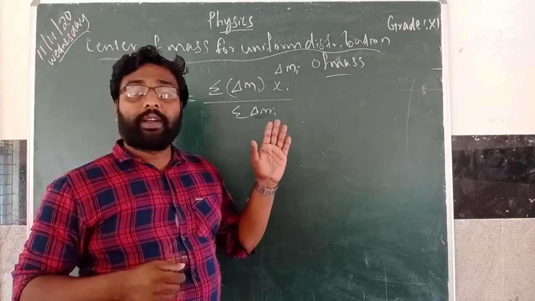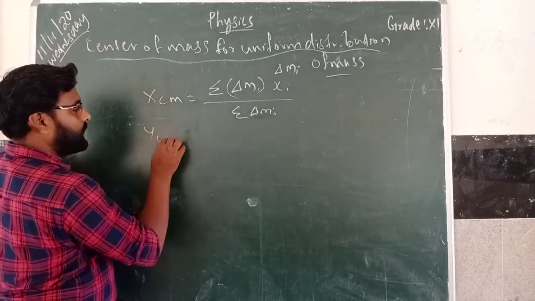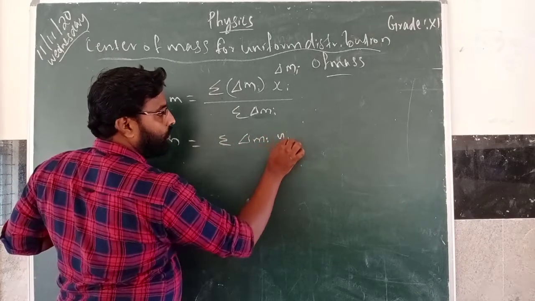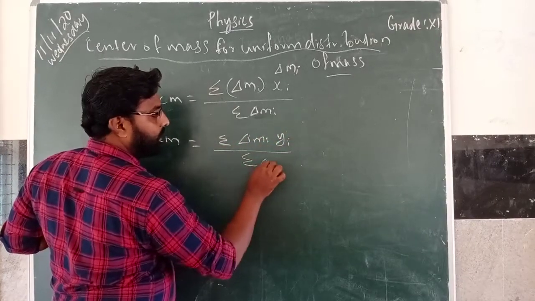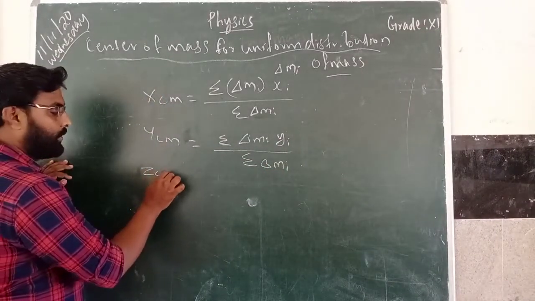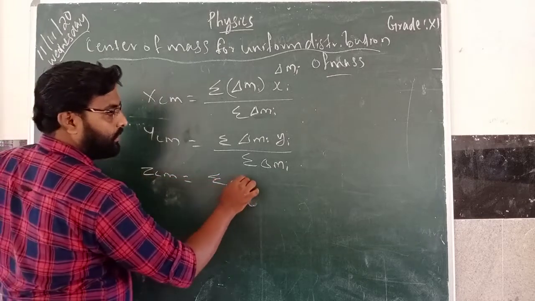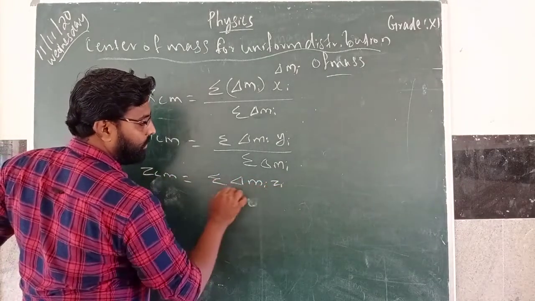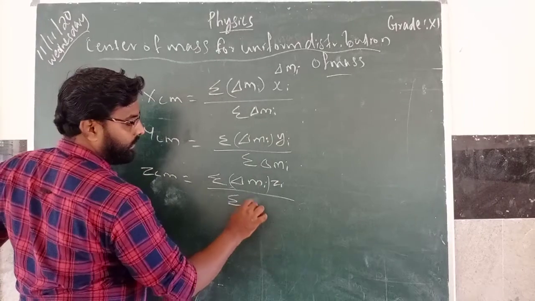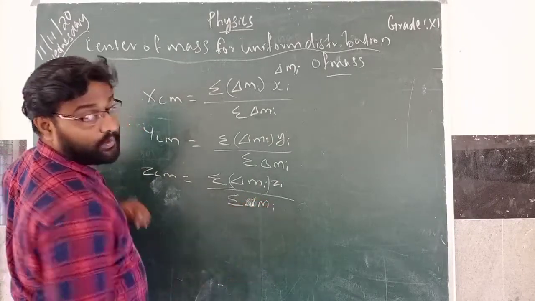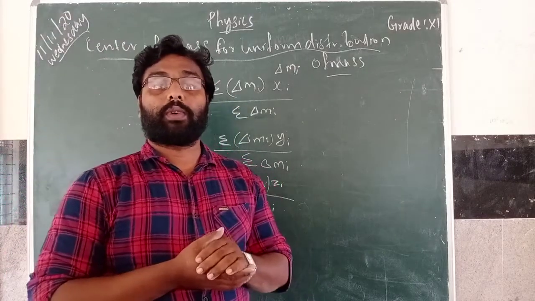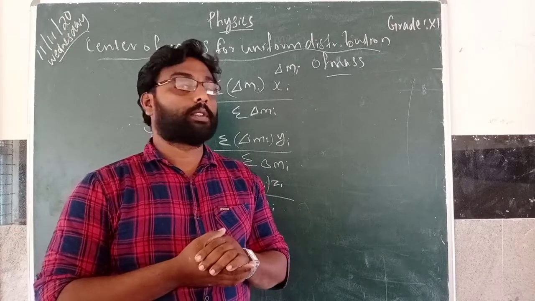And if it is along the y-axis, you can use summation delta mi yi by summation delta mi. For the z-axis, you can use summation delta mi zi by summation delta mi. These are the formulas you can use to find the center of mass for these distributed masses.